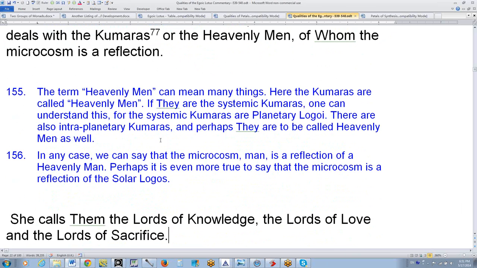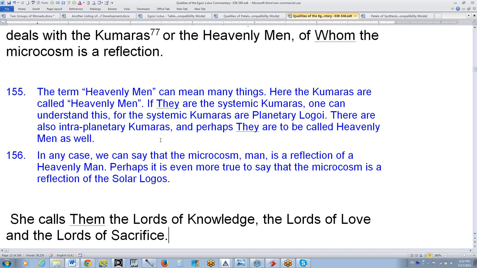Okay, so the term heavenly men can mean many things, and here the Kumaras are called heavenly men. There are different kinds of Kumaras, some of them planetary, some of them intraplanetary. If they are the systemic Kumaras, the interplanetary Kumaras, let us say, or the ones that exist in the solar system, one can understand this, for the systemic Kumaras are planetary logoi.